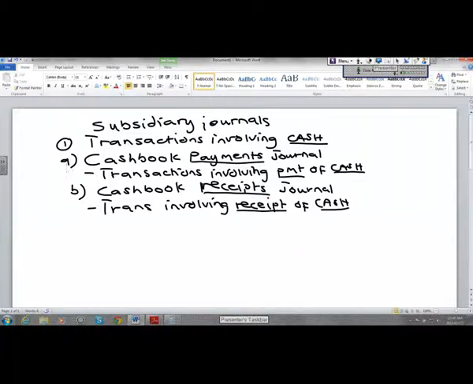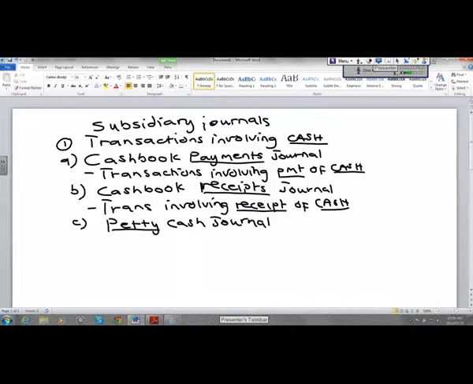And another subsidiary journal in the cash category is called the Petty Cash Journal. With respect to petty cash, the keyword is petty. Petty means small, little, trivial.